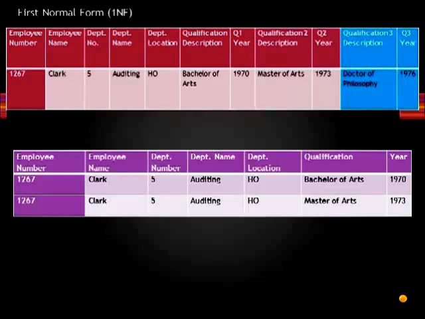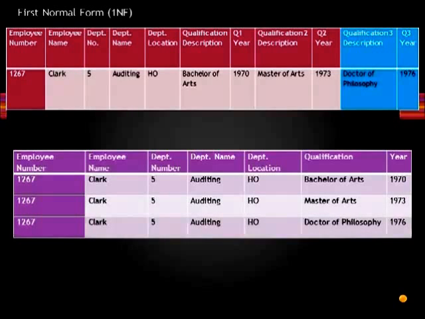We will do the same thing for the third set of repeating groups. So right now, if you look at the final result, you will see that each set in the repeating groups is stored as a new row instead of a new column.